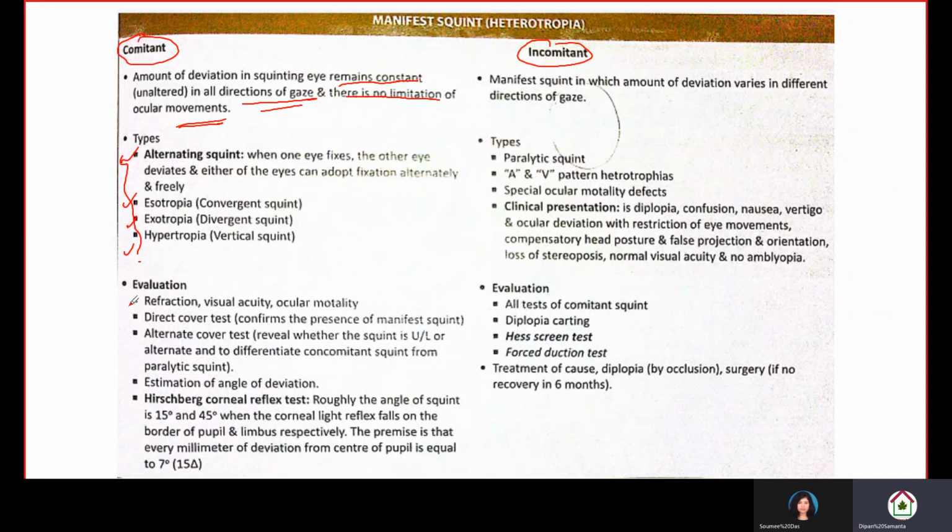Next, evaluation should be done as test for refraction, visual acuity, ocular motility, direct cover test, alternate cover test, estimation of angle of deviation, and Hirschberg corneal reflex test.